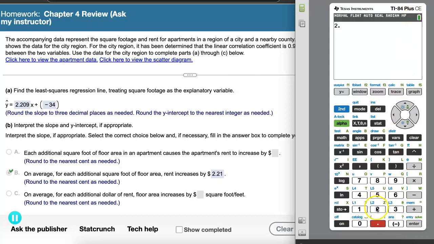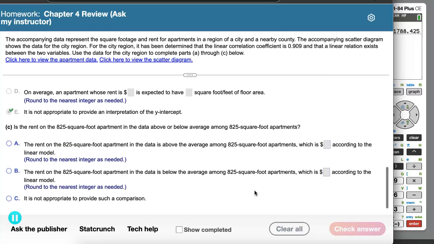So I'm going to type in that equation, but instead of x, I will substitute the value that's given in part C, the 825, plus a -34. And now I've got this rent. I need to write that in dollars and cents though, so that's going to be $1,788.43.